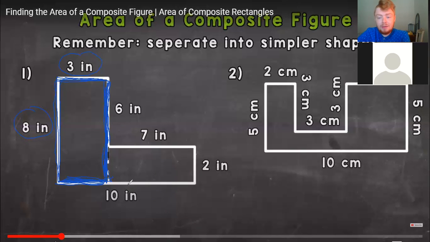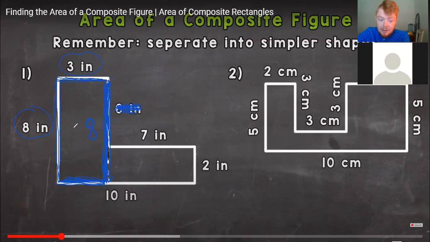So what is the length of this side going to be? 6 inches. No, it's actually not going to be 6 inches. It's 8. Yes, good job, buddy. So this whole thing here, guys, is 8.